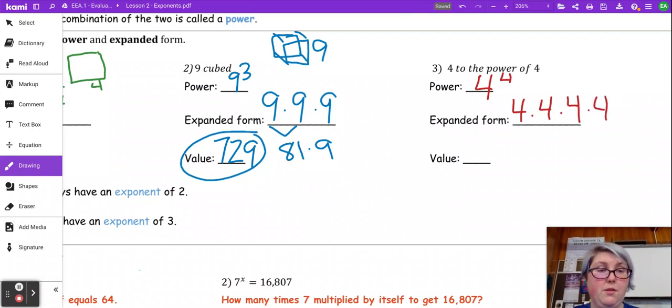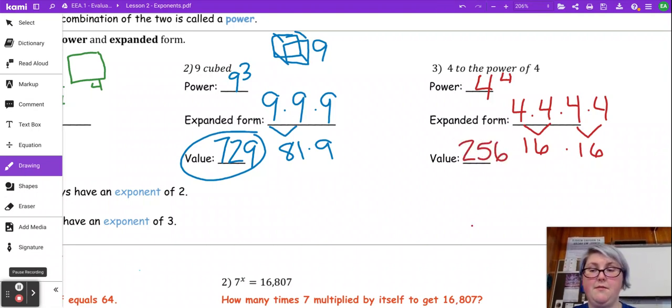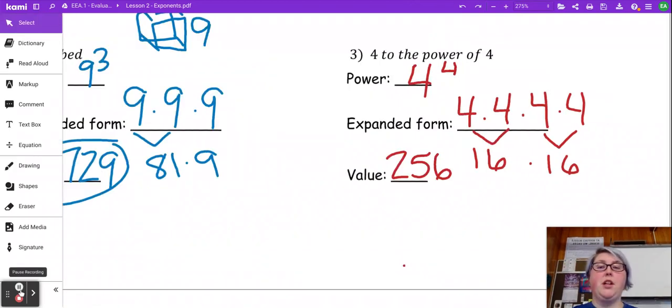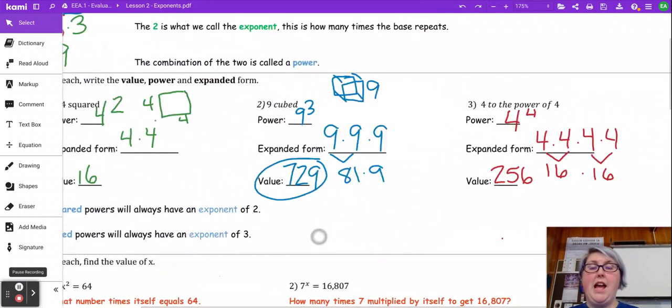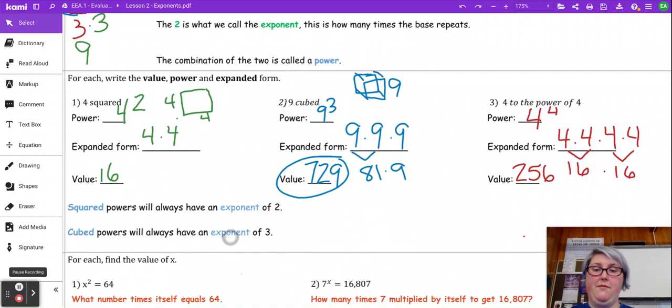So we have 4 times 4 times 4 times 4 is the expanded form of 4 to the 4th. 4 times 4 is 16. 4 times 4 is 16. And if we multiply 16 by 16, we get 256. So when we're working with exponents, we're only working with one number. We're not multiplying a whole bunch of different numbers. Exponents means it's always going to be the same number.